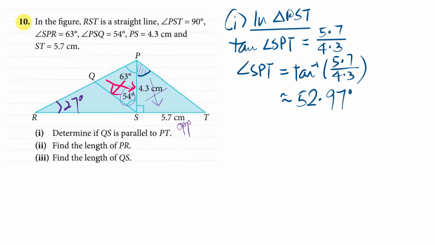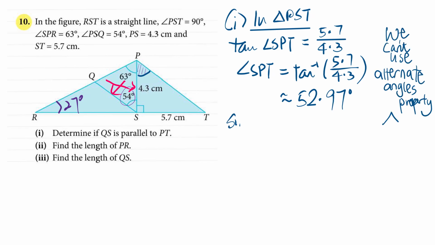The one opposite 90 is your hypotenuse, so the remaining side PS will be your adjacent. You know A and you know O, so we can use TOA, tangent, to find the angle SPT. We found SPT to be 52.97.